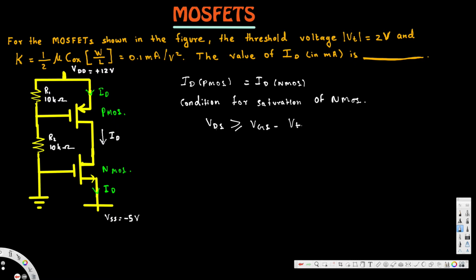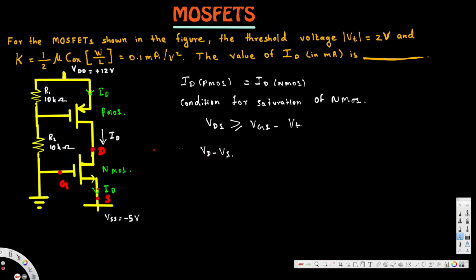Now VDS is VD minus VS. First of all we have to know what D and S are. Here we are looking at the N MOSFET, and for the N MOSFET this is the drain, this is the gate, and this one is the source.